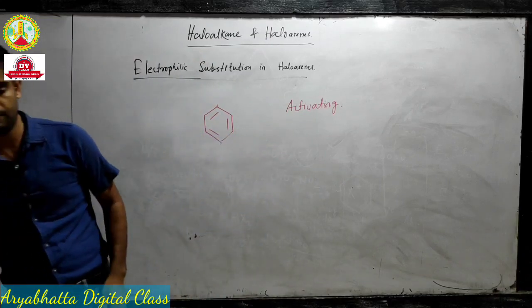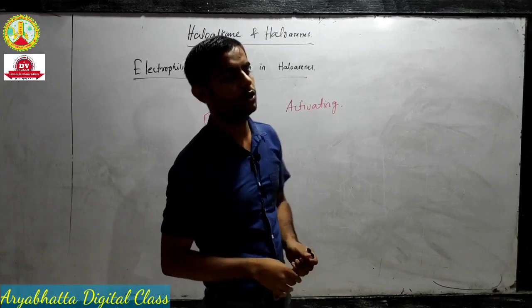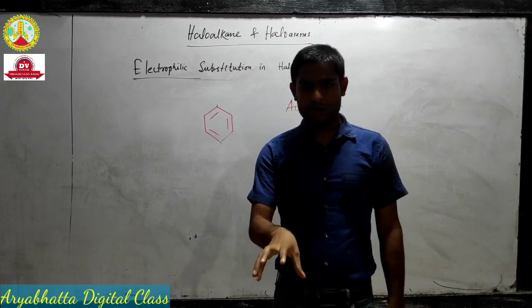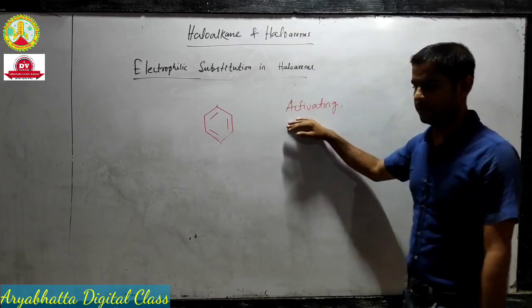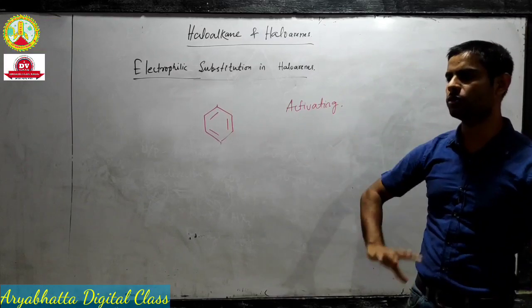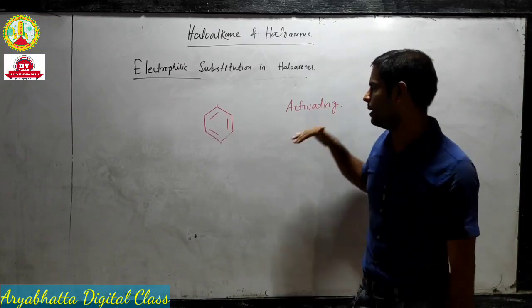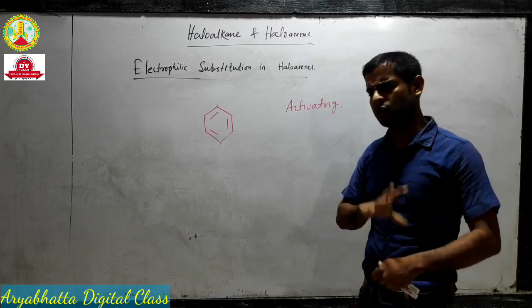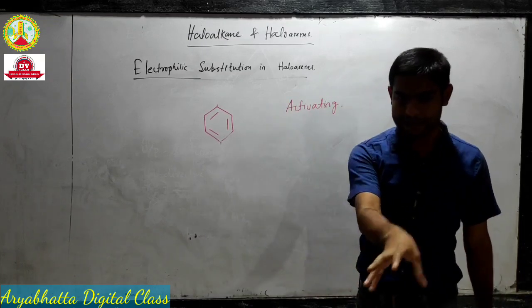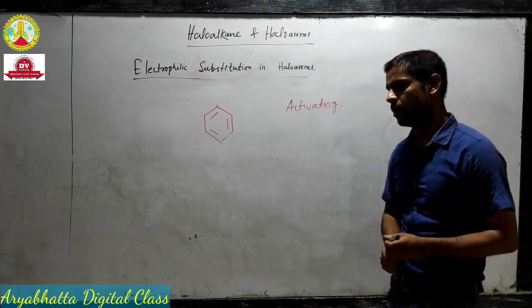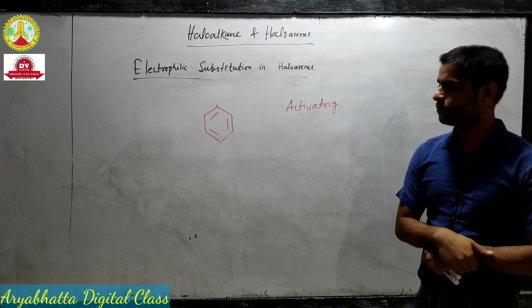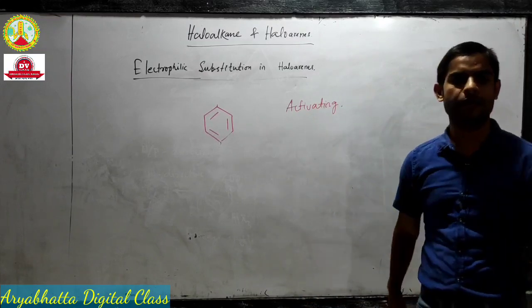In general, the groups which are ortho-para directive are generally activating. That means any group which is ortho-para directive is generally activating in nature, and those which are meta directive are generally deactivating in nature. But we have an exception in halogen.